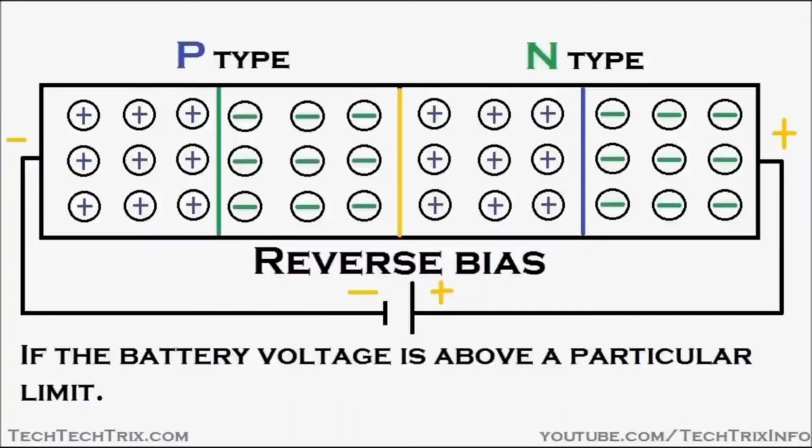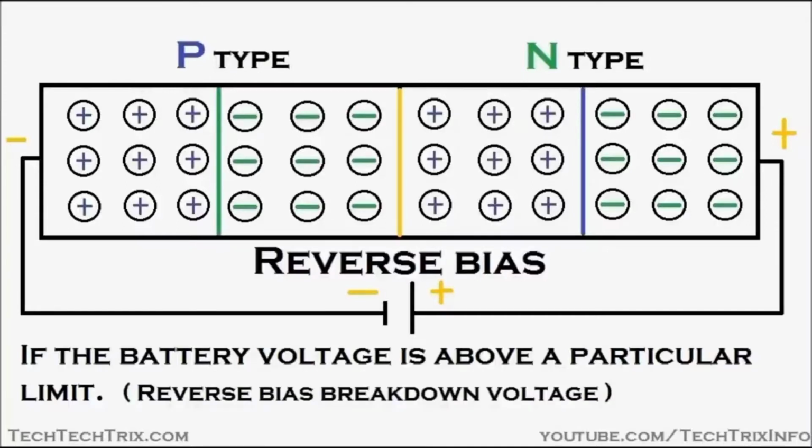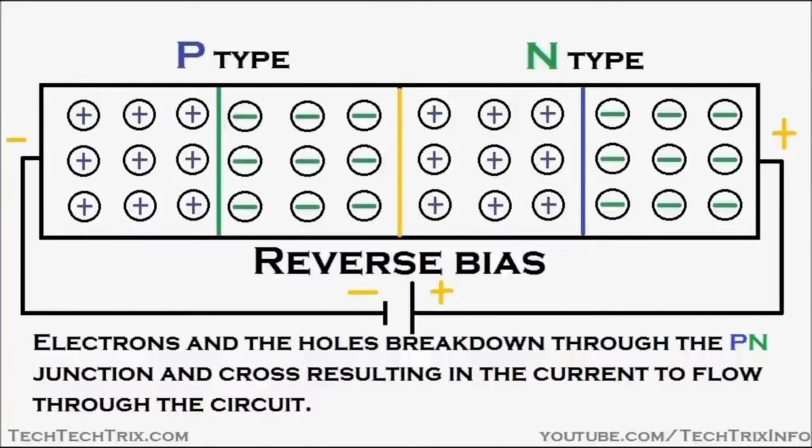But under a particular condition, if the battery voltage is above a particular limit, this limit is called the reverse bias breakdown voltage. So if the battery achieves this reverse bias breakdown voltage, the electrons and the holes break down through the PN junction and cross this junction, resulting in current flowing through the circuit.